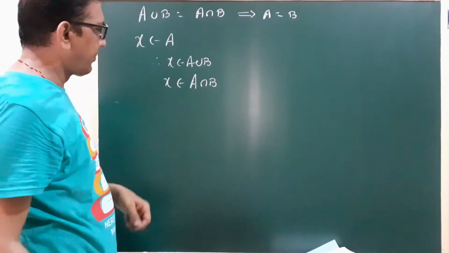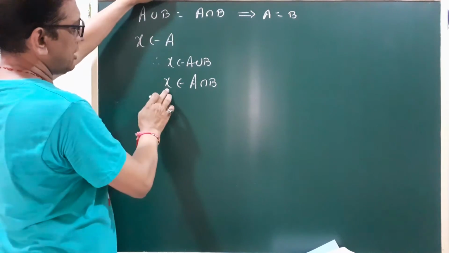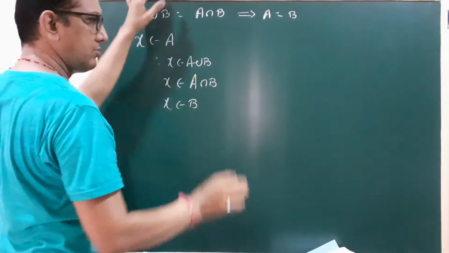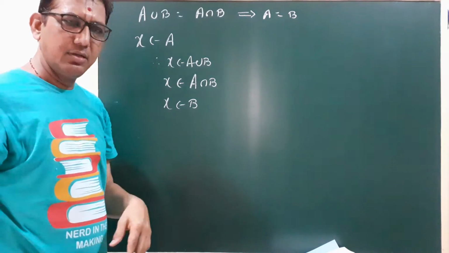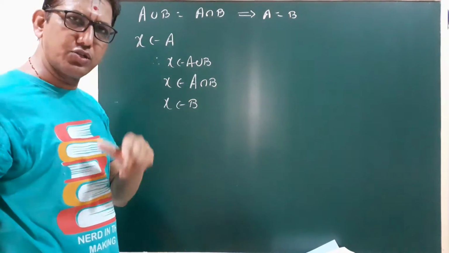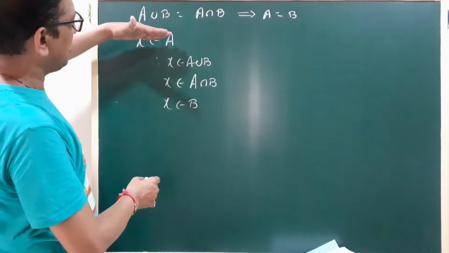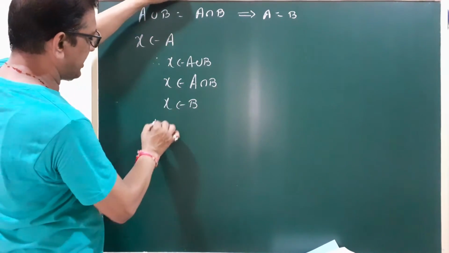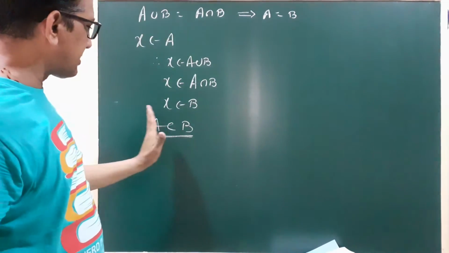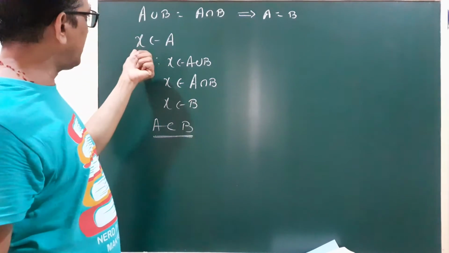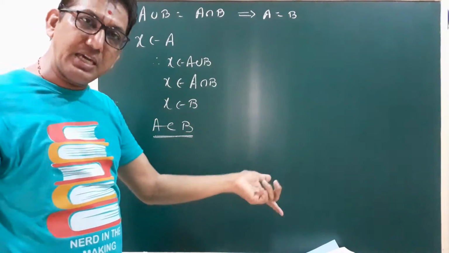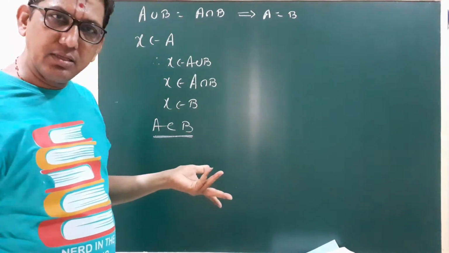That means X belongs to B also. So first we take X belongs to A and we prove X belongs to B. That we write as A is a subset of B, because an element belonging to A is also proved to belong to B.